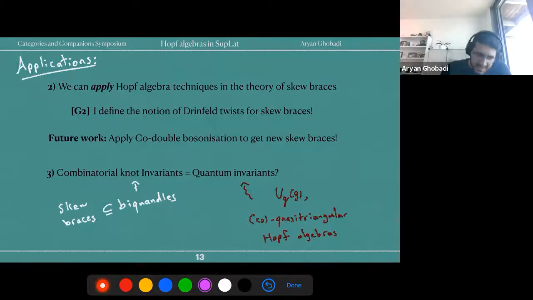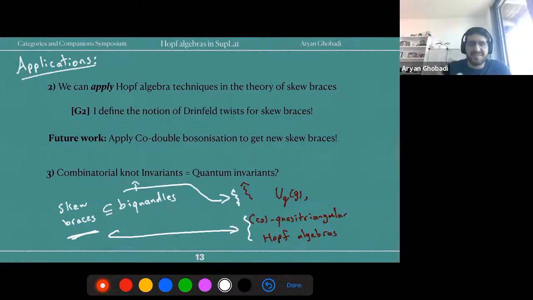So now I have a theory that says this is really the shadow of some co-quasi-triangular Hopf algebra in a suitable category. So what I'm doing now is applying this machinery in SupLat and realizing these combinatorial invariants as a shadow of this. But there are a lot of subtleties to be worked with.